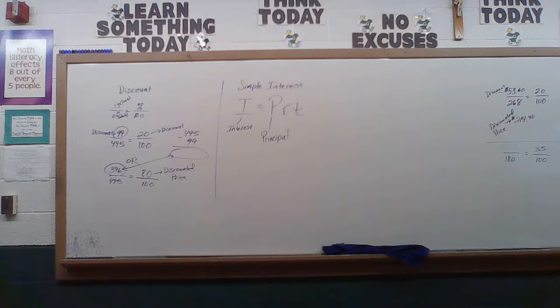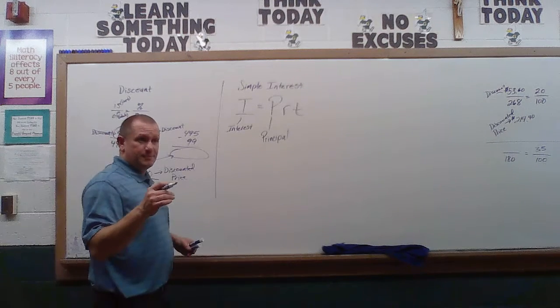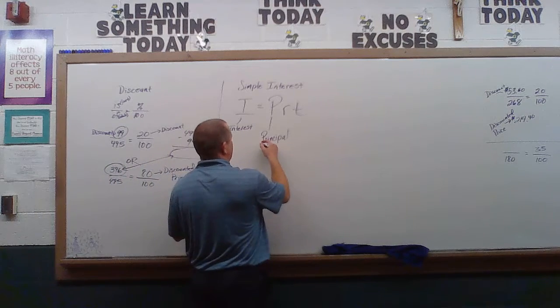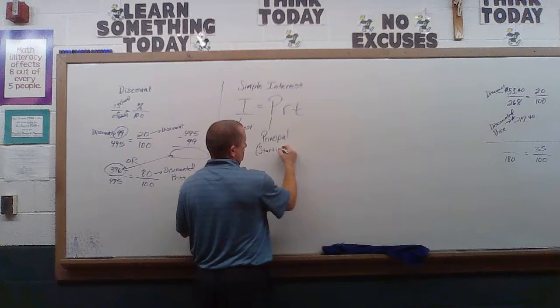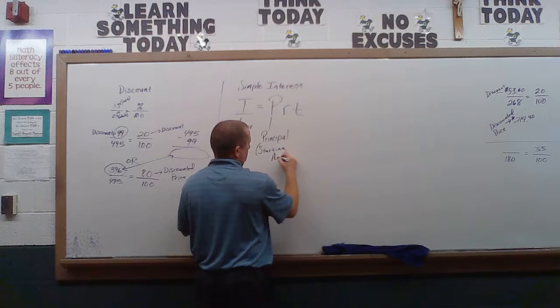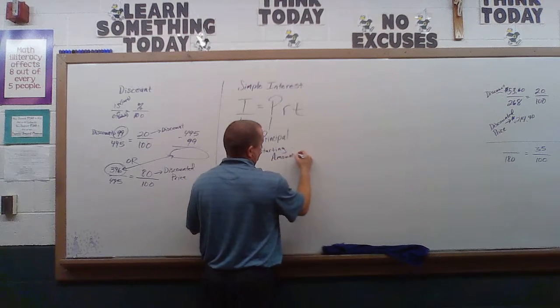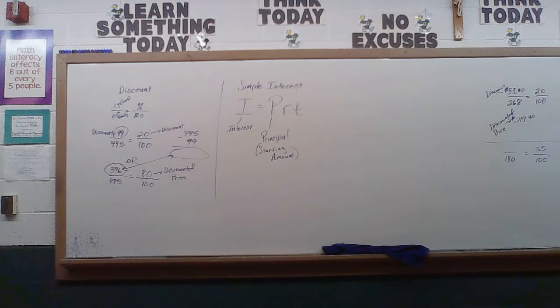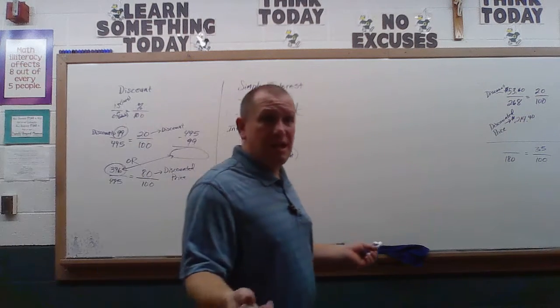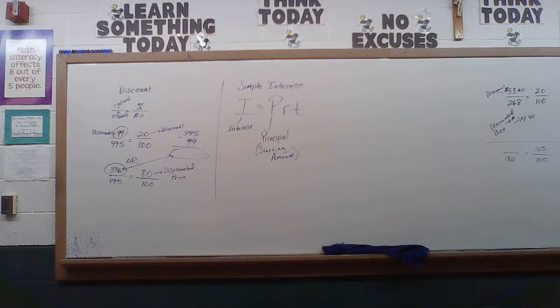He's the guy that makes the rules, right? But not in this case. Anybody else want to guess? The principal is the starting amount. So the principal would be how much you started your savings account with. How much you took to the bank to see how much money you're going to make.